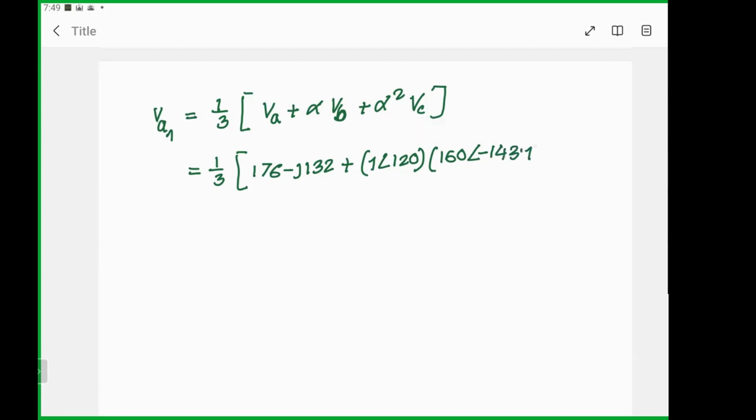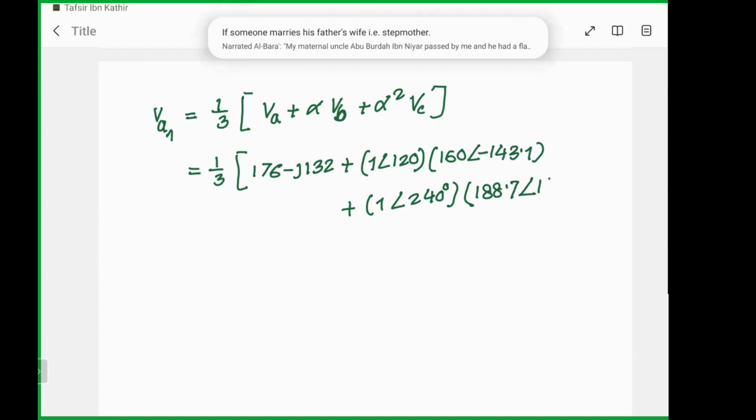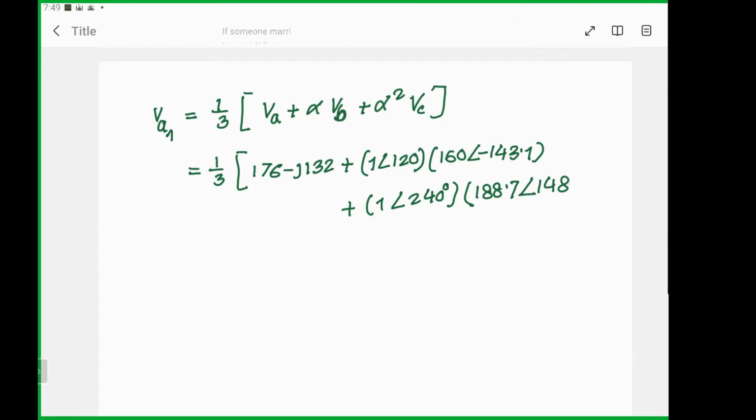And then this is 1 angle of 240, and what is the polar form? 188.7 angle of 148.0. Yes, okay.